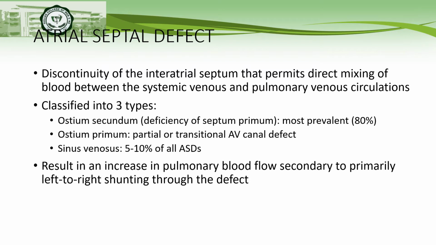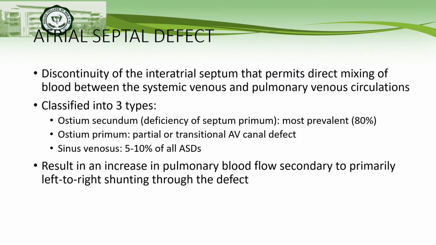ASD results in an increase in pulmonary flow secondary to primarily left-right shunting through the defect. So basically, there is a defect in the development of the septum that divides the left and right atrium. The shunting is left to right because the left ventricular pressure is higher than the RV pressure.